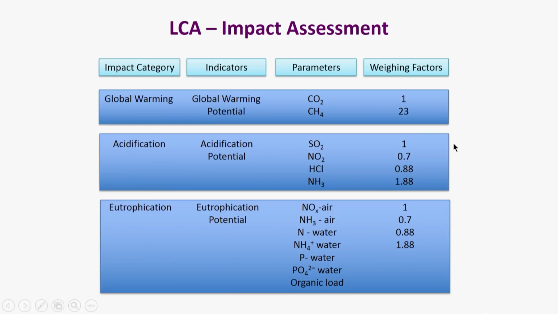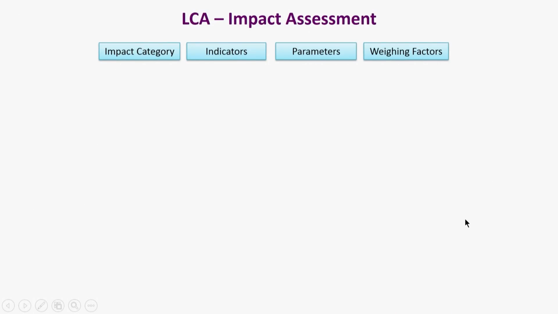Eutrophication, as many of you would already know, is the potential to form algae in waters, and we have a large set of compounds with nitrogen and phosphorus in the water and air, which have different kinds of weighing factors. And all these numbers are notional and not accurate, and only for illustration purposes, as I had mentioned.